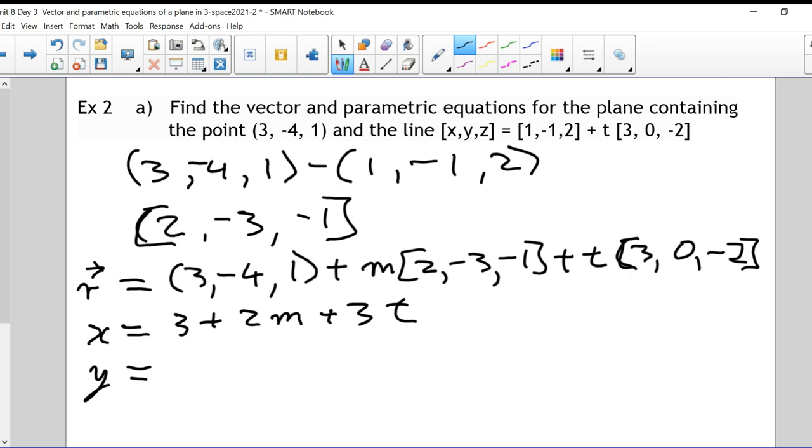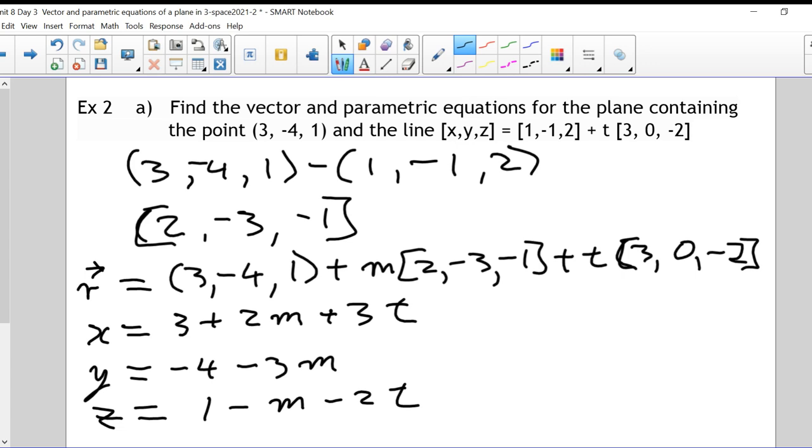Our y is equal to minus 4 minus 3m, and there's no t on that one. And then the z is equal to 1, minus m and minus 2t. All right, I think I have managed to finally get that right.